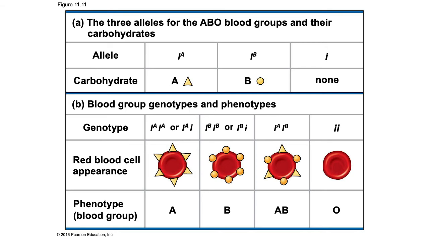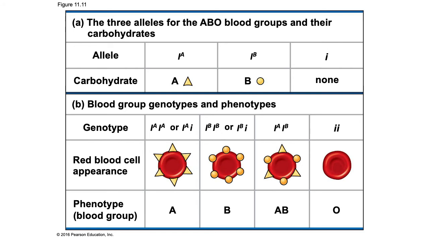The A allele of this gene codes for the addition of a certain carbohydrate to the outside of your red blood cell. We'll call it the A carbohydrate. The B allele of this gene codes for the addition of a B carbohydrate to the outside of your red blood cell. The little I version of this gene codes for the addition of no carbohydrate to the outside of your red blood cell.